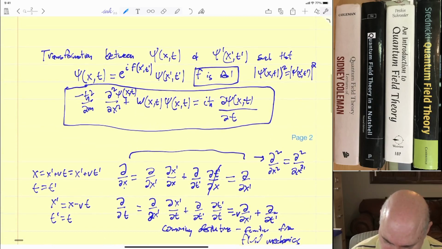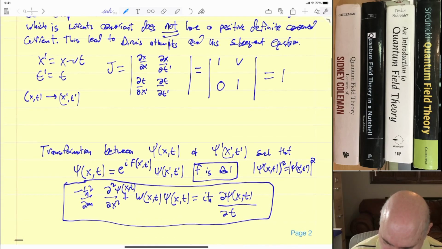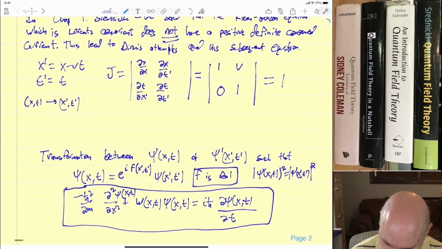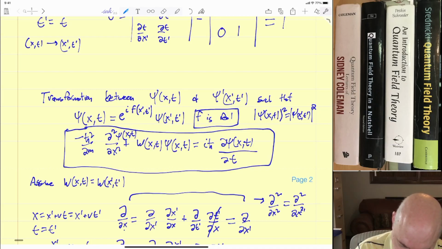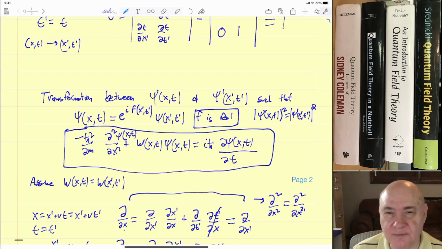Let me go back here. I am going to assume that w of x comma t is equal to w of x prime comma t prime. That is, we're going to assume that the potential doesn't change.